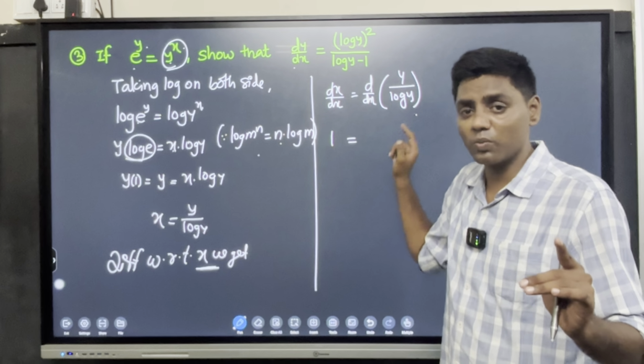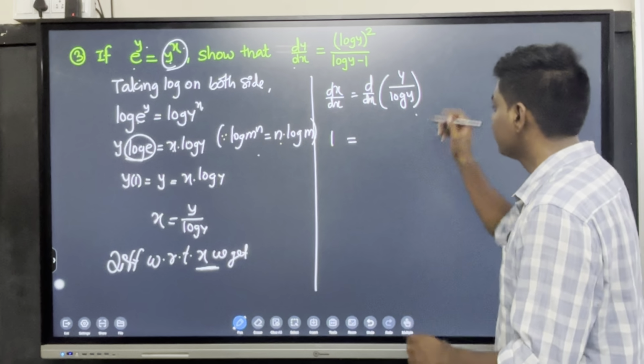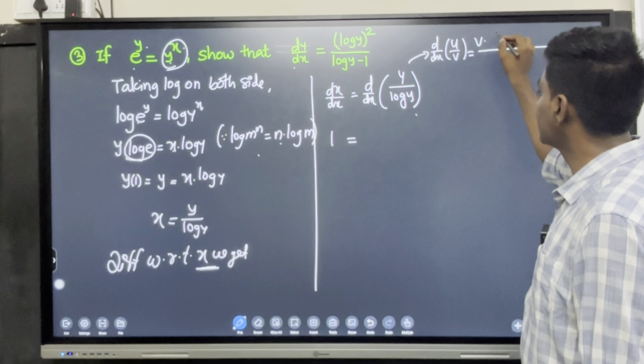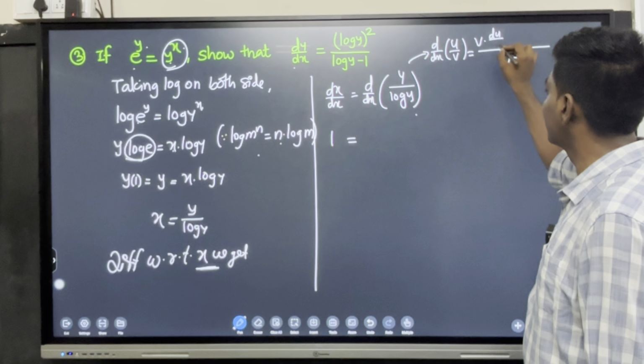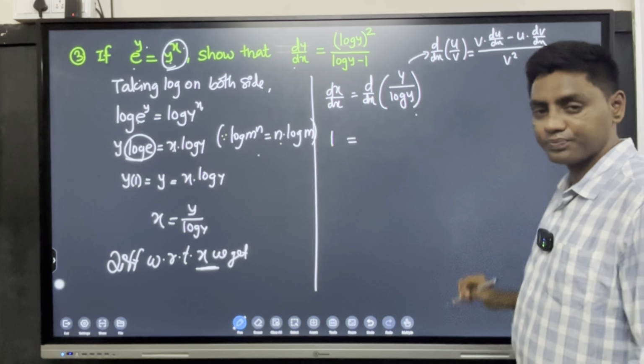Remember, what is the property of division? The derivative of division of functions. How to solve? Everyone knows that d by dx of u divided by v is equal to denominator square. Remember, denominator as it is, then numerator derivative, minus u into dv by dx.